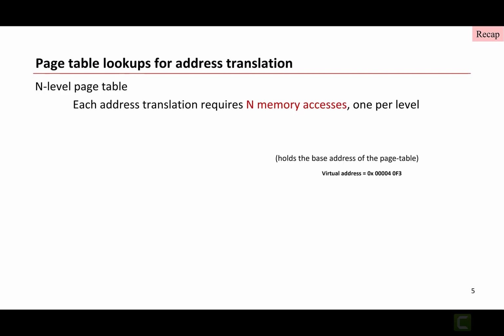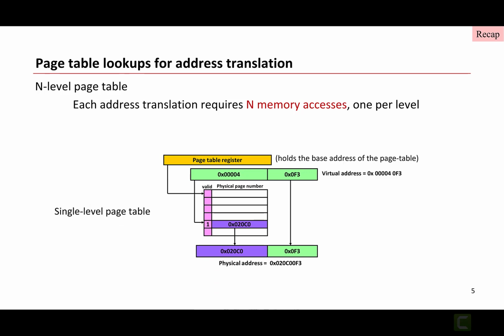And so if you're going to use 3 levels, then to perform one address translation, you need to look into 3 different page tables, right? First level, second level, and third level. So 3 different page tables need to be looked up to perform one address translation. So clearly that is expensive in terms of the amount of time it will take. Even for a single level page table, you need to go to the main memory, and that could be expensive.